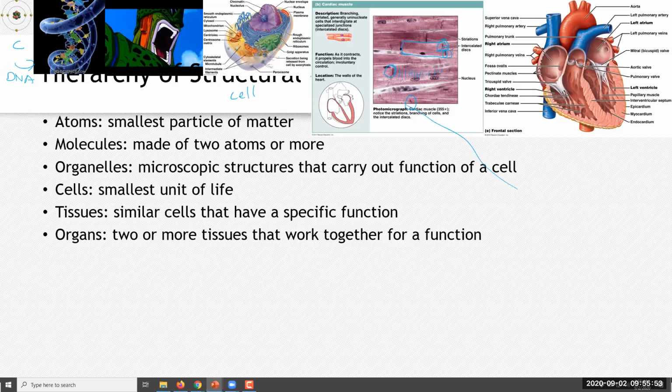The darker lines that you see here are called intercalated discs, which contain gap junctions that help the cells communicate with each other. Very good. So if I say identify this tissue, you put down cardiac muscle.